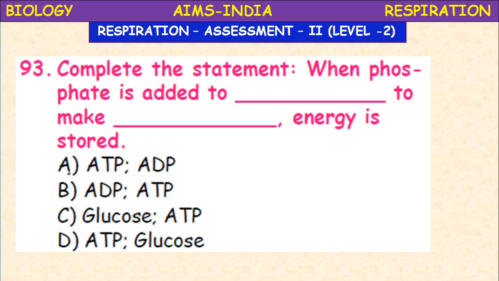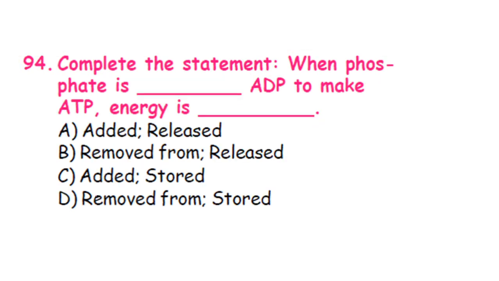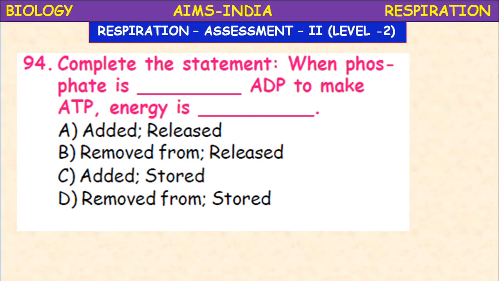When phosphate is added to ADP to make ATP, energy is stored. So this is phosphorylation. Addition of phosphate is called phosphorylation.